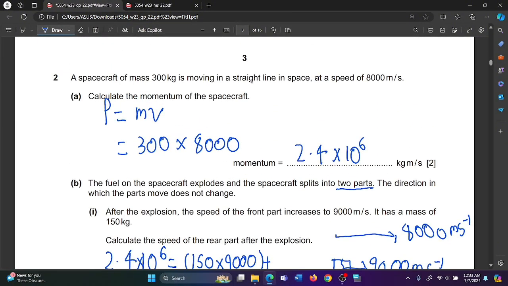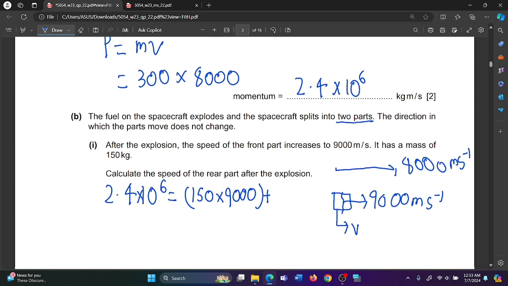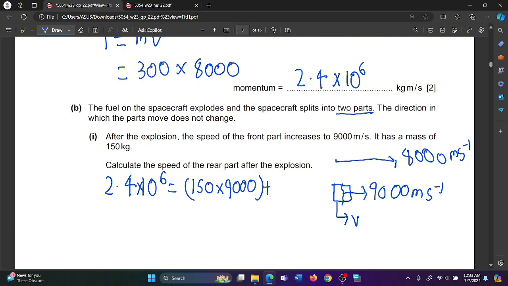If the total mass of the spacecraft was 300 kg and the mass of the front part is 150 kg, then what should be the mass of the rear part? It should be 300 minus 150, that is 150 kg. The front part weighs 150 kg, and the rear part also weighs 150 kg. So let's multiply 150 by the speed of the rear part, v.